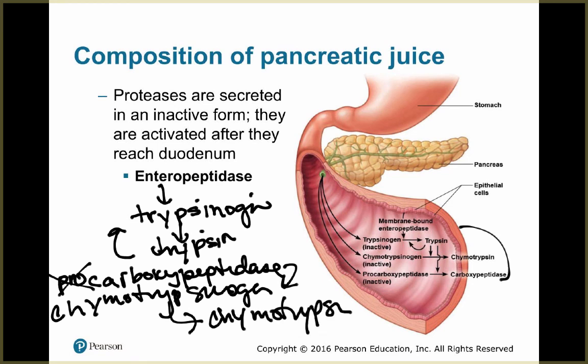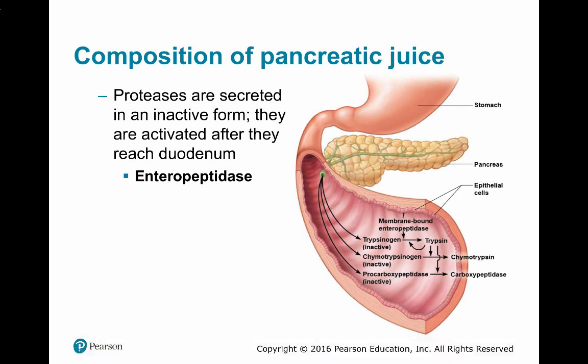And you can see them all over here. And so these are all the inactive forms, and basically you can see as trypsin gets activated, it helps to activate these others. And so these are all examples of proteases. They're all going to break down different proteins or types of proteins.